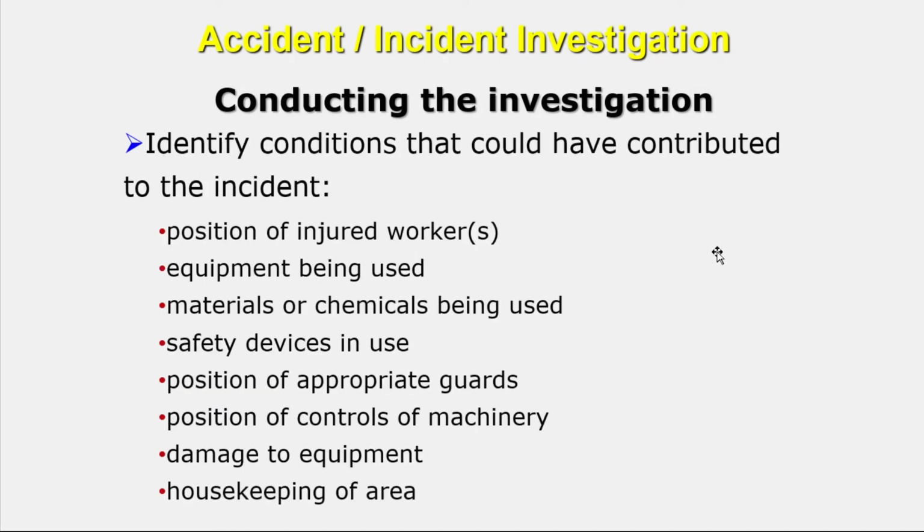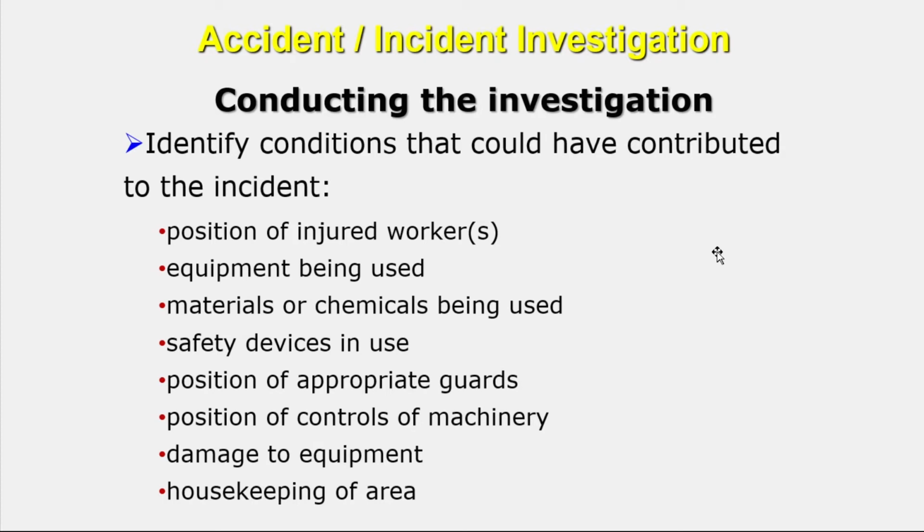Conducting the investigation: identify the conditions that could have contributed to the incident. We need to identify any other related jobs or contributions involved, as below. Position of the injured worker, equipment being used, materials and chemicals being used if any, safety devices in use, safety harness, any other devices or equipment they are using in this position.